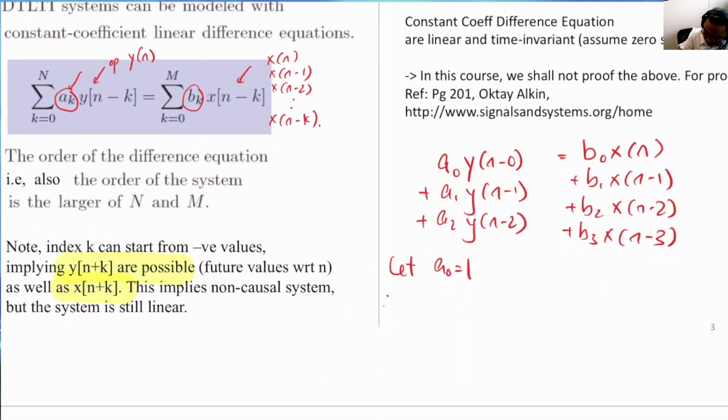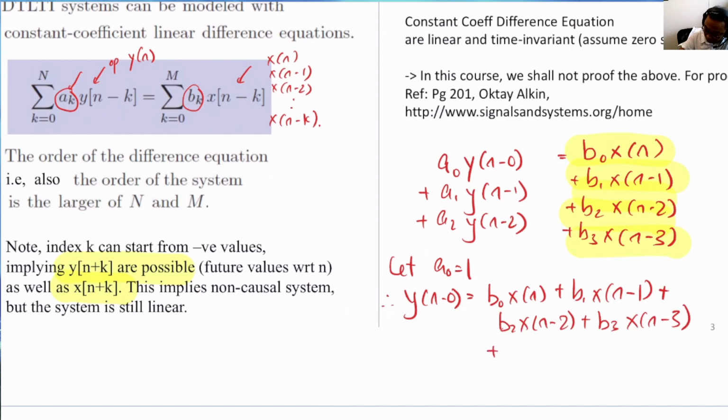Alright, and then we have y[n-0] equals, we'll bring all this equation down to the right hand side. So we have b0 x[n] plus b1 x[n-1] plus, then we are also going to bring those things on the left hand side from these two y[n]'s.